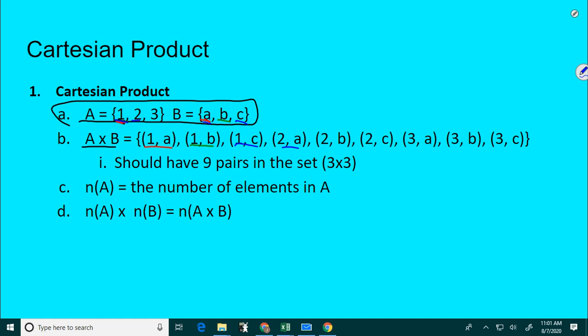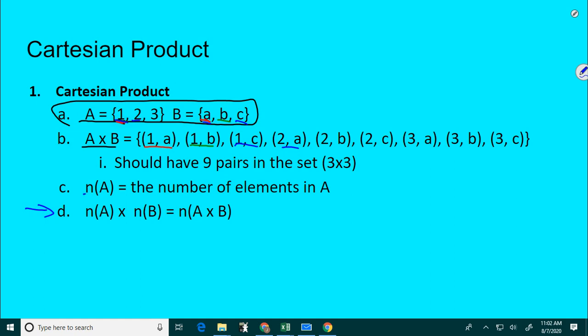Reason because there's 3 in A and 3 in B. So to know how many pairs you're going to get, it's just however many are in A times however many are in B. 3 times 3. Okay? That's what that is there. So if A had 5, B had 12, okay, there would be 60 pairs in that set. And you're not going to have to do something like that, but it's for example purposes.